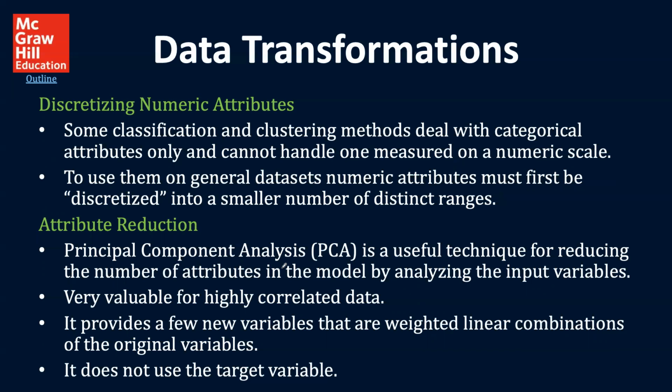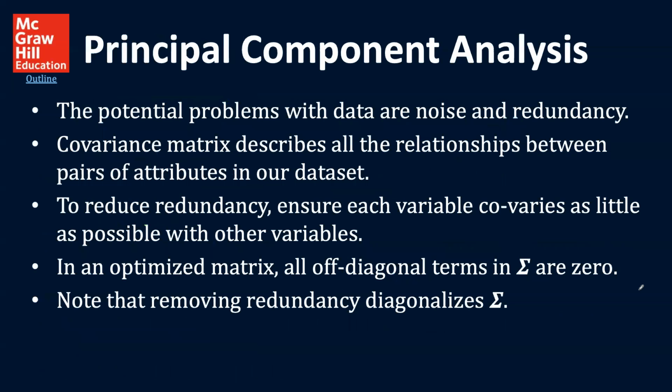Principal component analysis is a useful technique for reducing the number of attributes in the model by analyzing the input variables. It's very valuable for highly correlated data. It provides a few new variables that are weighted linear combinations of the original variables, and it does not use the target variable.